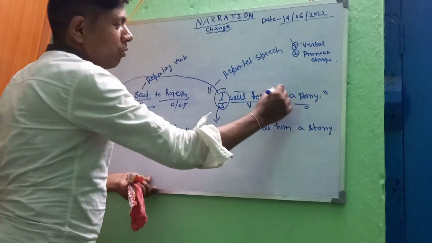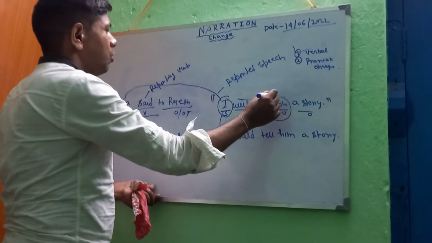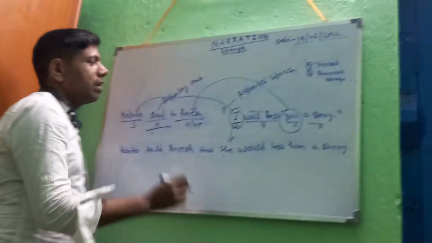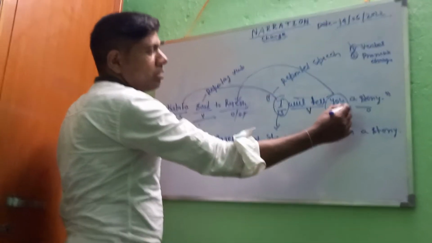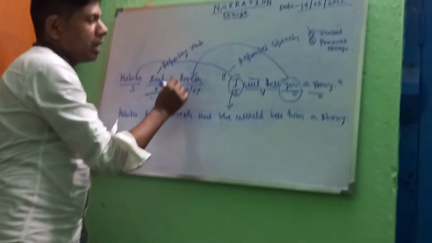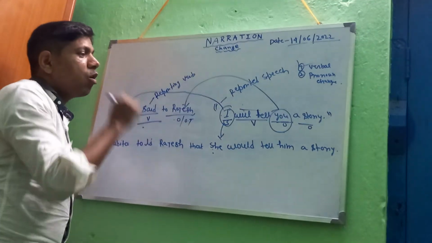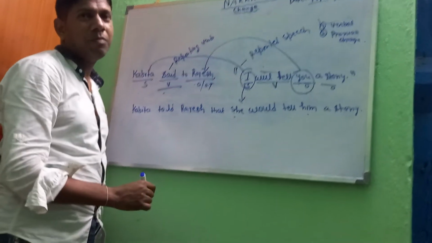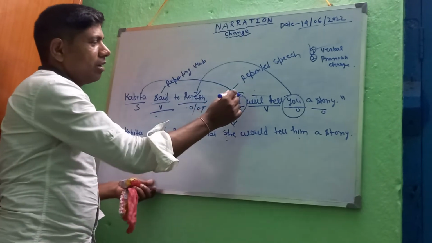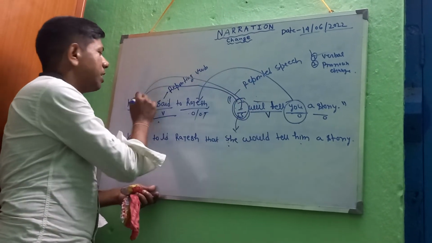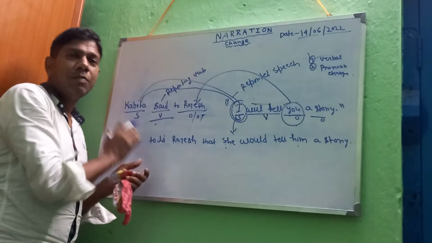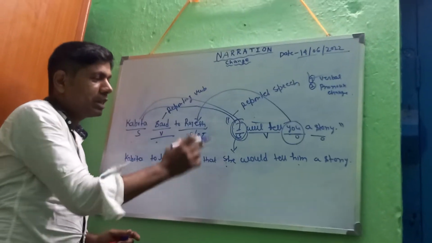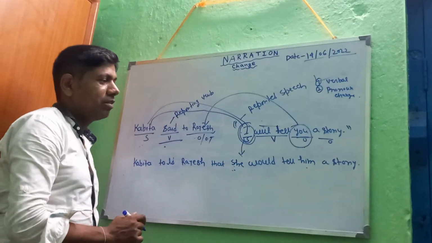And here "you". Who is "you"? "You" indicates Rajesh. Here "you" is considered the objective pronoun, so third person singular number male, objective pronoun "him". Here "I" indicates the speaker, Kavita, third person singular number female, subjective pronoun "she".